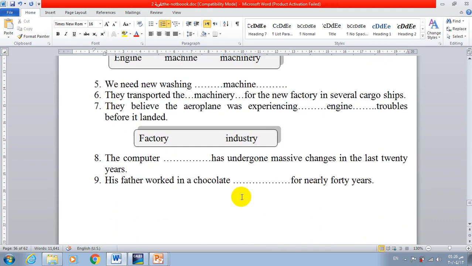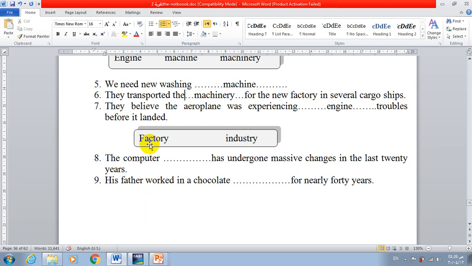Let's go to the last box with the words factory and industry. Let's read first the sentences and then I will give you the meaning for them to choose the correct word for each sentence. Number 8, the computer spaces has undergone massive changes in the last 20 years. Number 9, his father worked in a chocolate spaces for nearly 40 years. Okay?